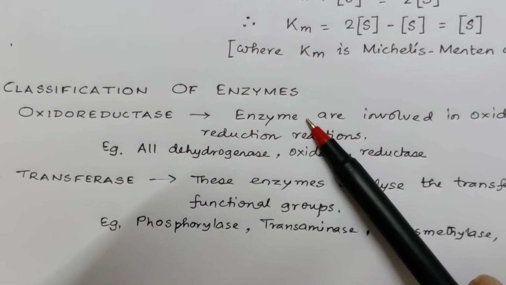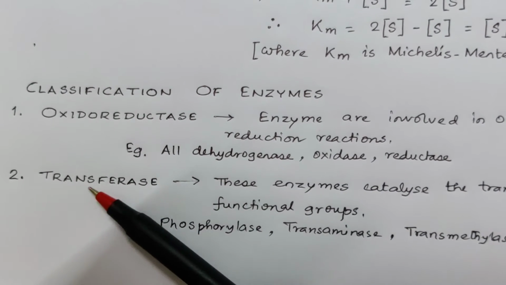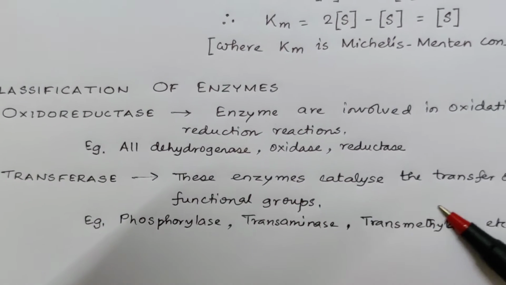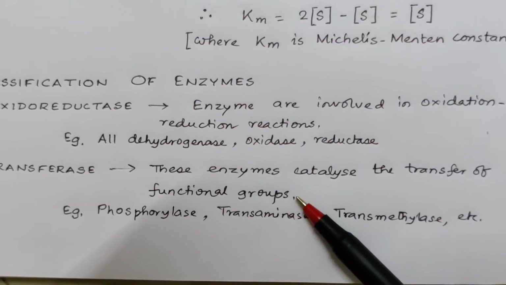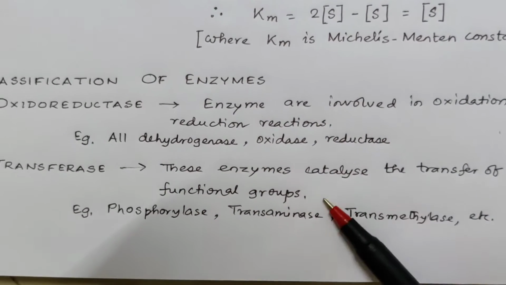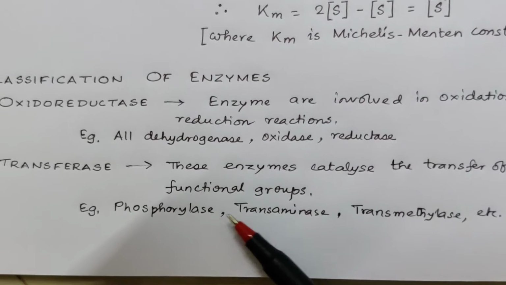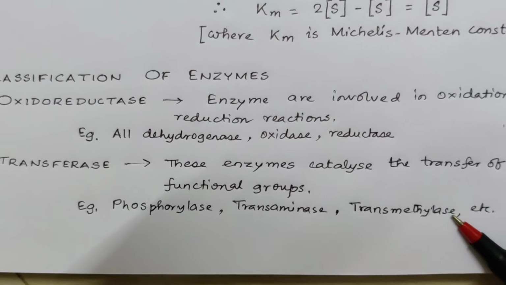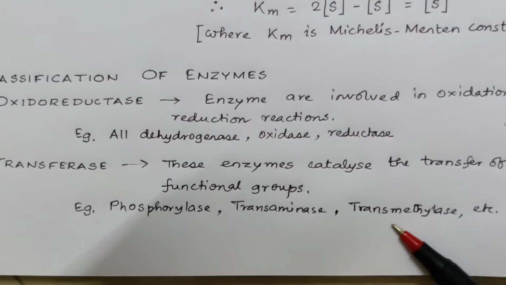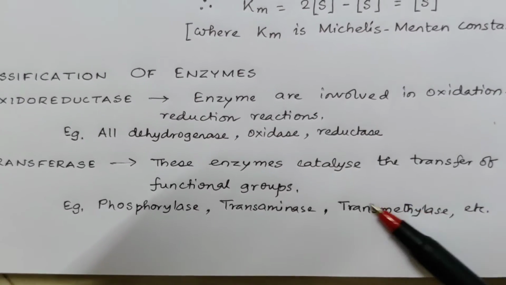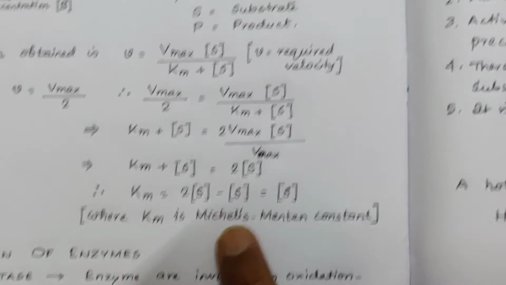Number 2 is transferase. These enzymes catalyze the transfer of functional groups from one substrate to another. That means phosphorylase, transaminase, transmethylase, they transfer the groups. So these are the examples.